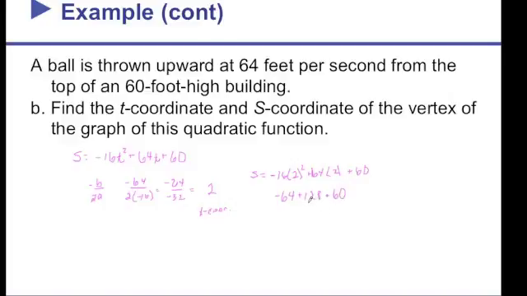So this will be 188 minus 64 will be 124. That'd be 124 would be the s coordinate, and it will be in feet. So here's my t coordinate, and here's my s coordinate.